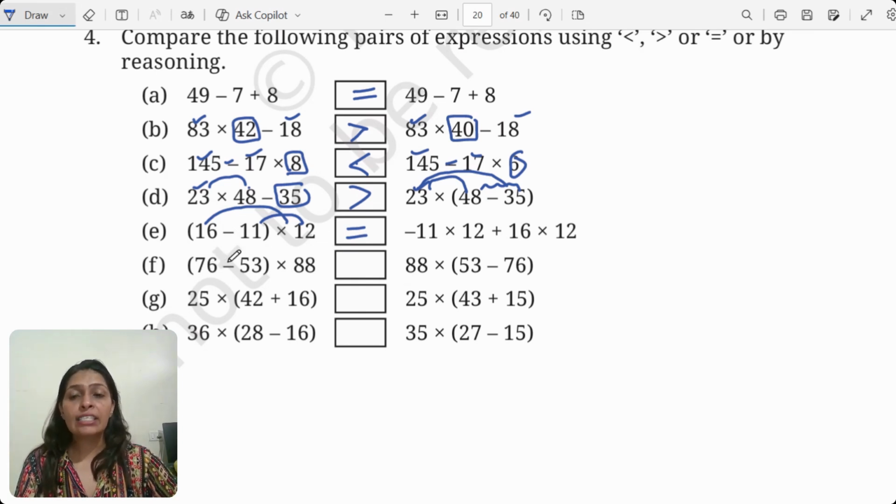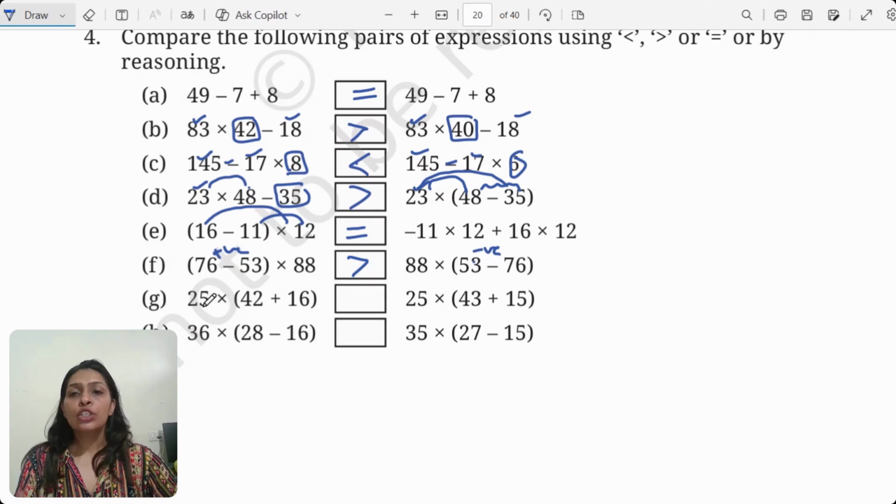Now 76 minus 53 multiplied by 88, and here we have swapped the numbers. If you observe it carefully, it is 76 minus 53. The answer will be positive or negative? It is going to be positive, whereas 53 minus 76 is going to be negative. And we have already discussed this, that a positive number is always greater than a negative number.